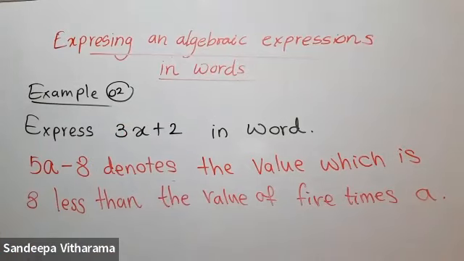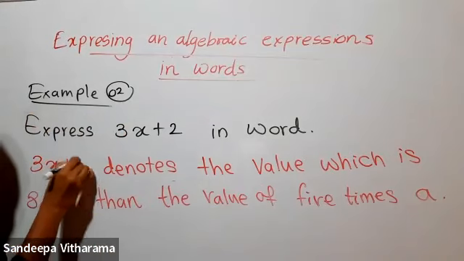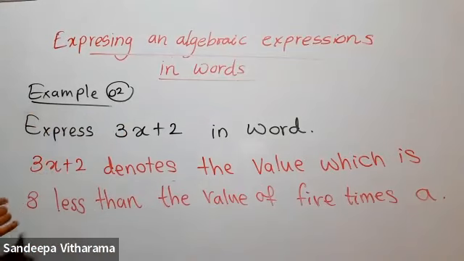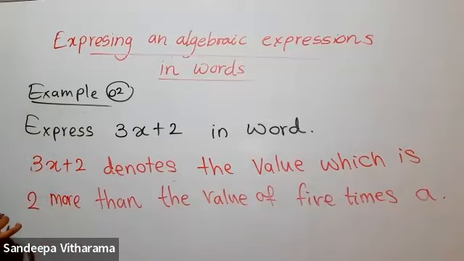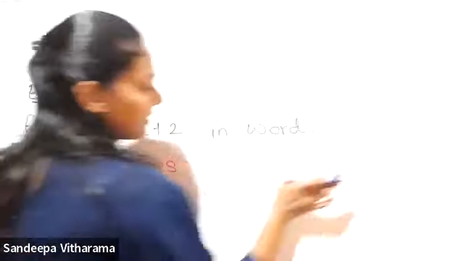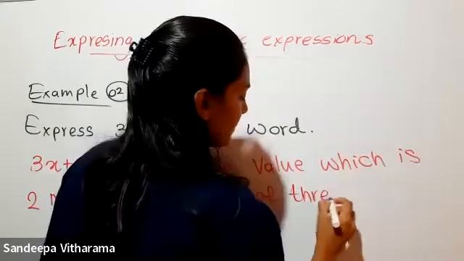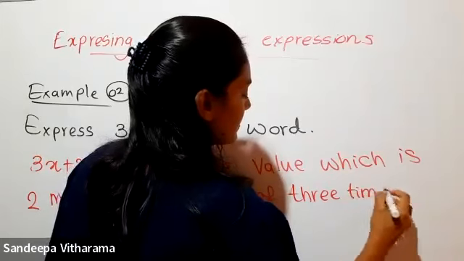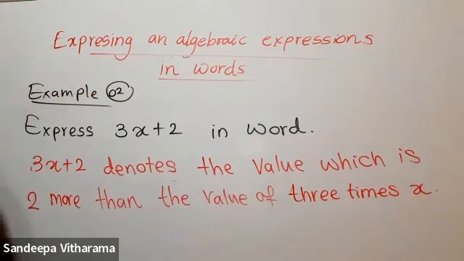Then we can say that 3x plus 2 denotes the value which is 2, is it less than or more than? More than. Very good. It should be more than the value of 3 times x. Okay. The value of 3 times x.